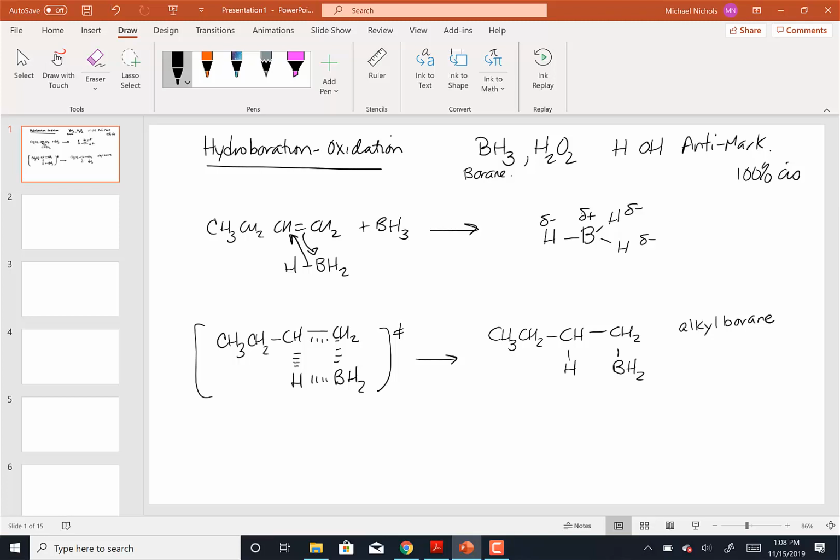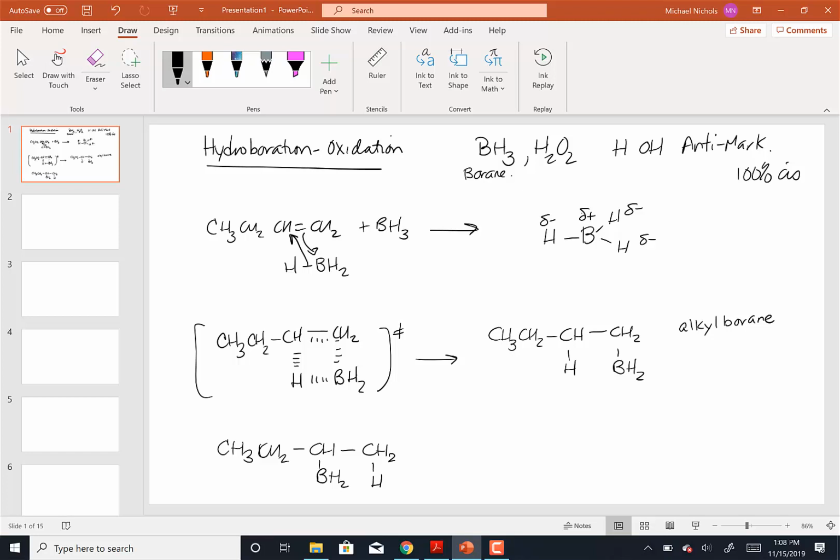What about Markovnikov, anti-Markovnikov? Well, it turns out that you could end up adding the boron the other way. In other words, add the boron to the carbon with the most hydrogens and the hydrogen to the other carbon.